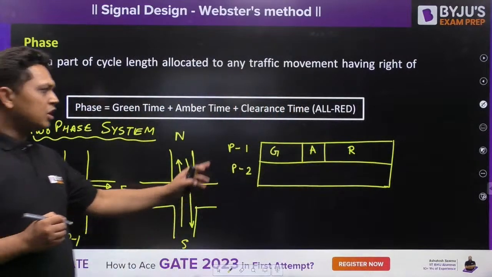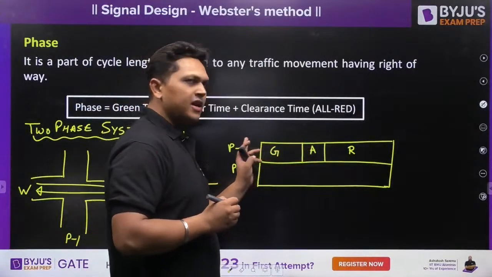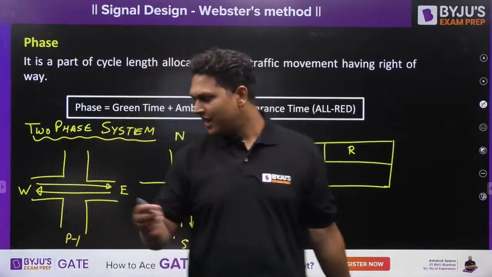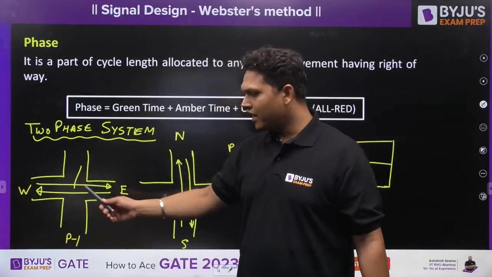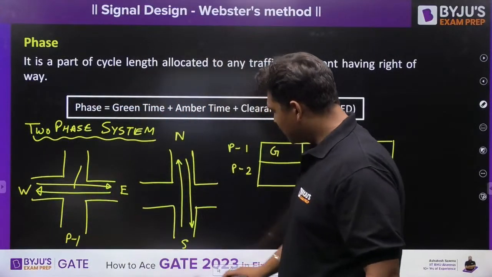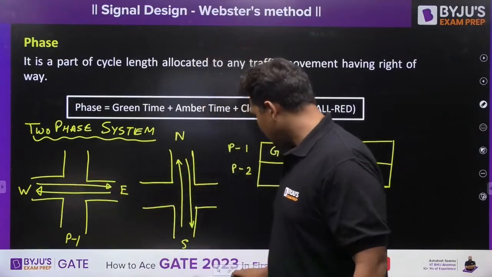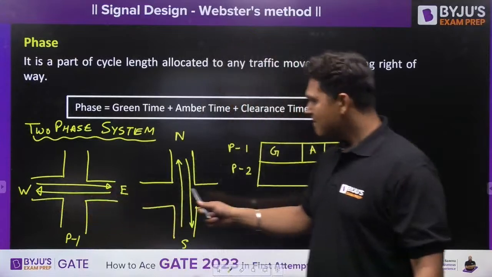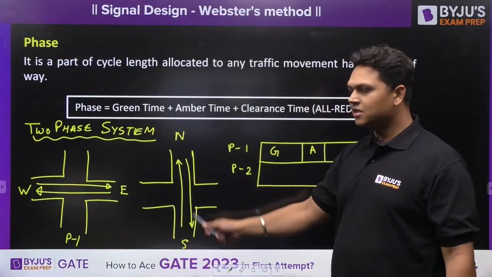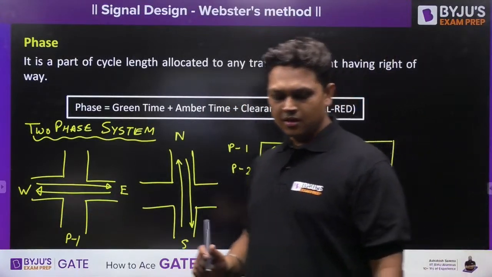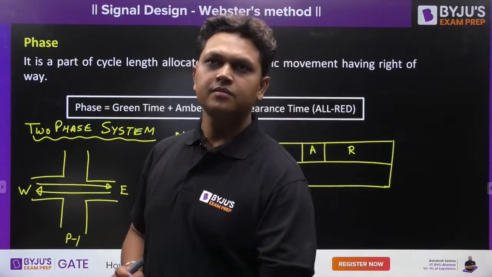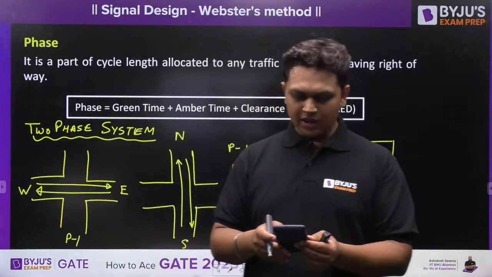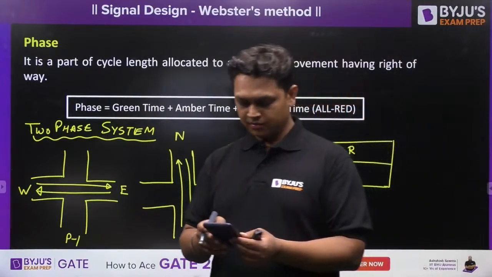What will happen when you have a green light and amber light in phase 1? What will be the light in phase 2? Can anyone tell? When there is green light in this phase, in this traffic movement, what will be the light in the other phase? Can anyone tell me?